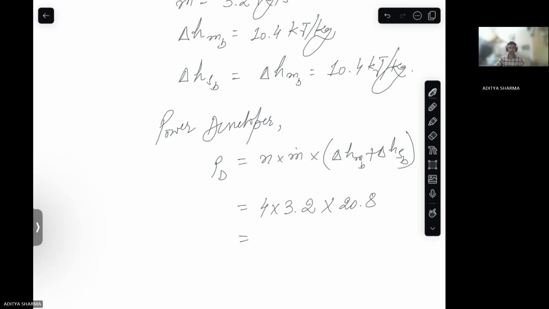So calculate this. If you calculate this, it will come out to be 266.24 kilowatts.